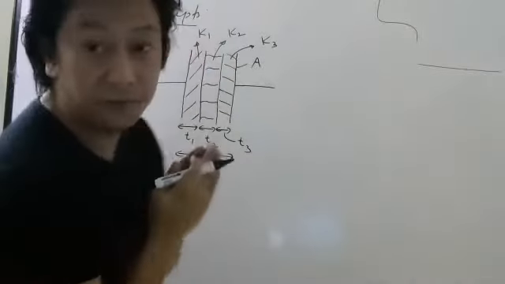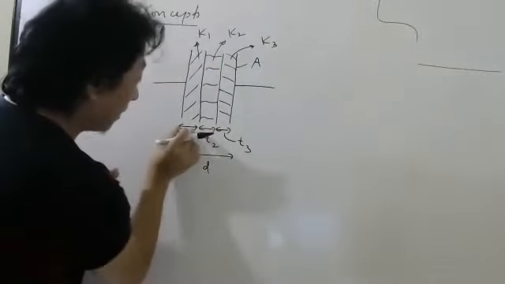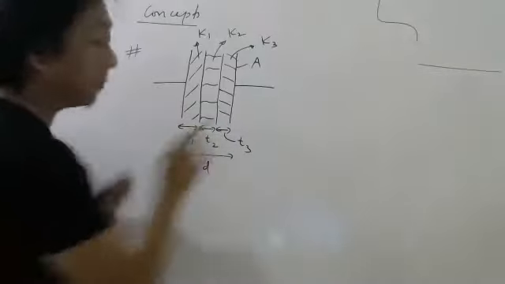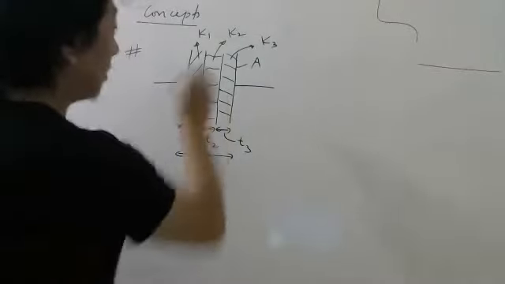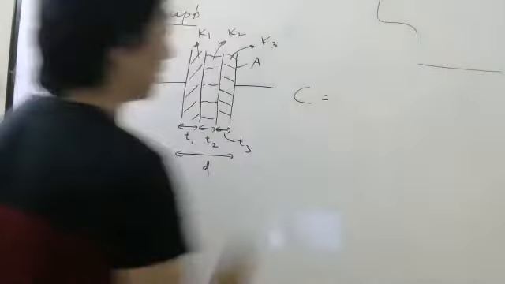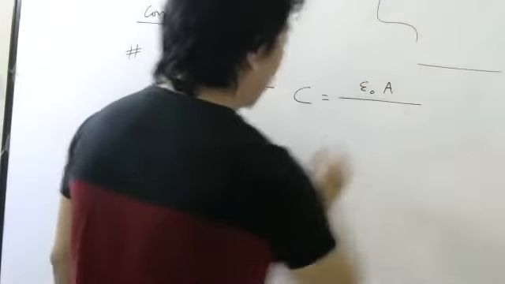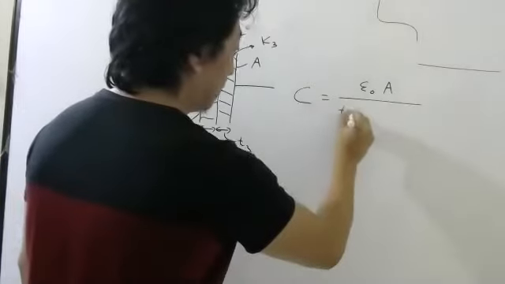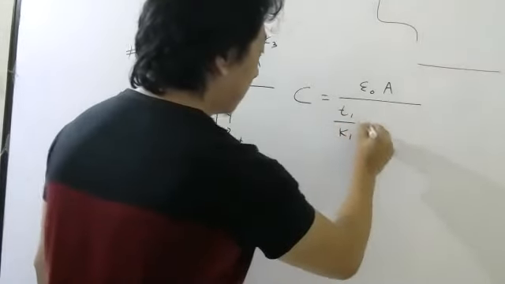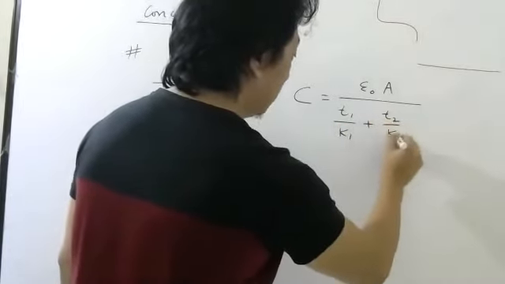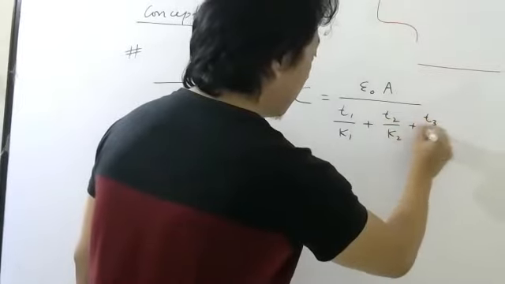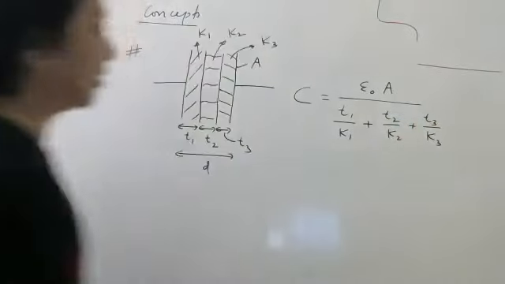But what they have divided is the distance between the plates. So in this case, the formula for capacitance is epsilon naught A divided by T1 by K1 plus T2 by K2 plus T3 by K3. So this is the formula.